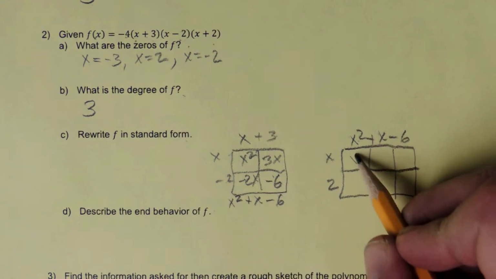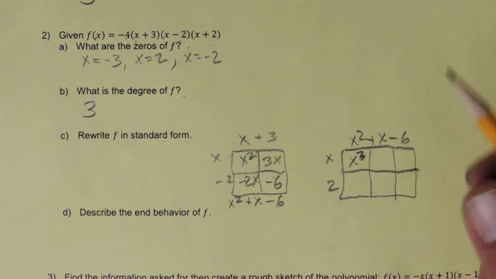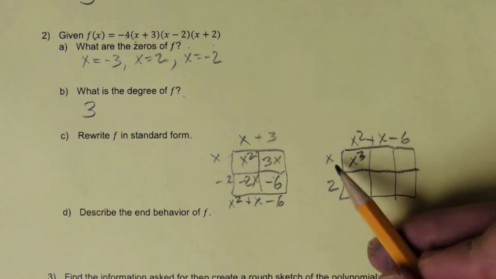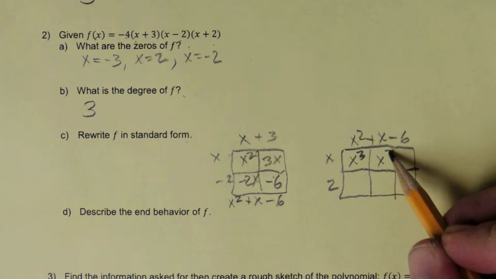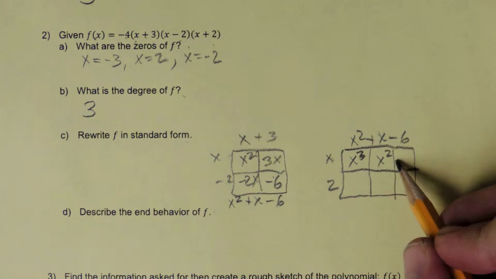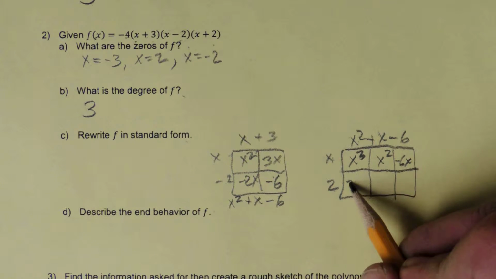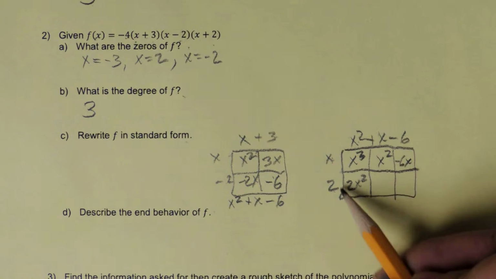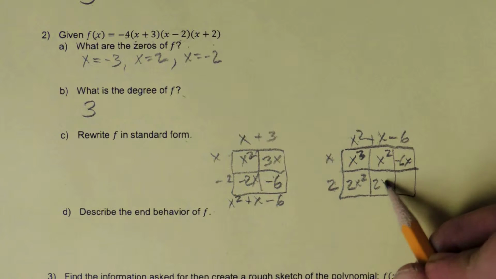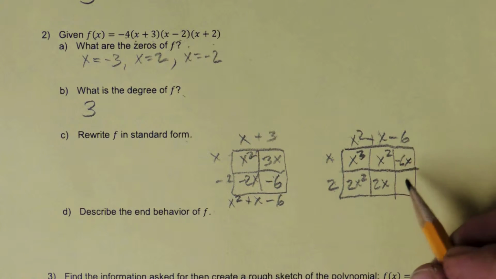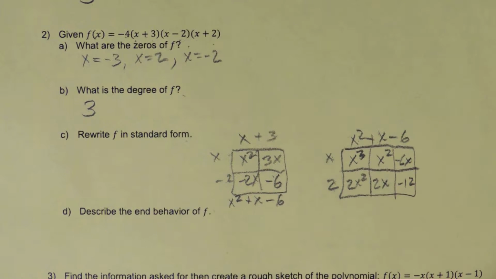X times x squared is x to the third, which gives me my degree. X times x is x squared. X times -6 is -6x. 2 times x squared is 2x squared. 2 times x is 2x. And 2 times -6 is -12.